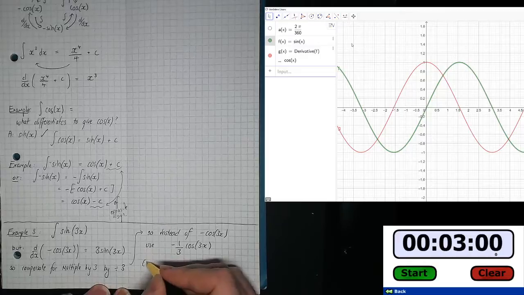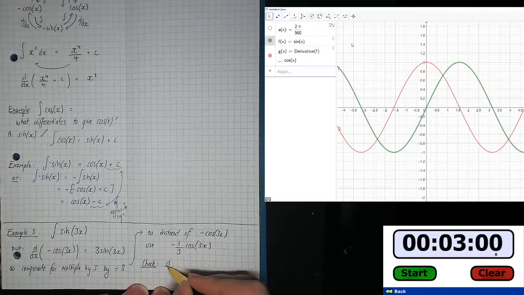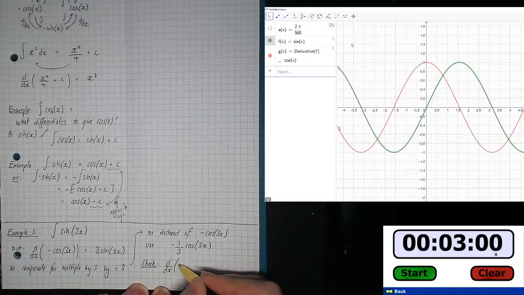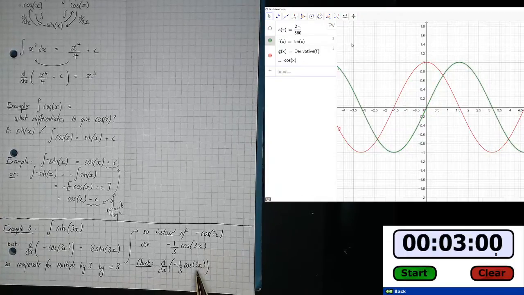Just to check, d by dx of negative 1/3 cos 3x: when we're differentiating, the number inside the bracket comes out to the front. So I'd have 1/3 times 3, which is 1, and that gets rid of the numbers on the outside.